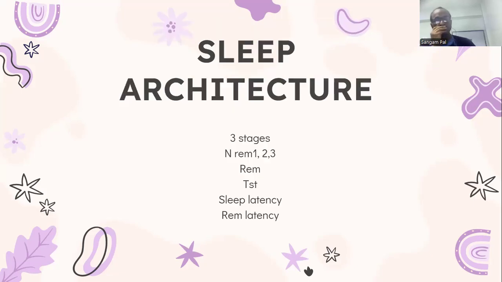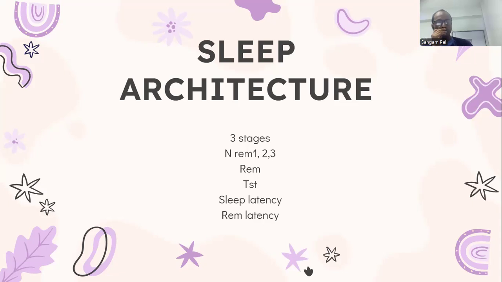Normally a human being lives in three stages: either awake, in non-REM sleep, or in REM sleep. There is a smooth transition from one stage to another. When we go to sleep, the amount of time taken to fall asleep is called sleep latency.